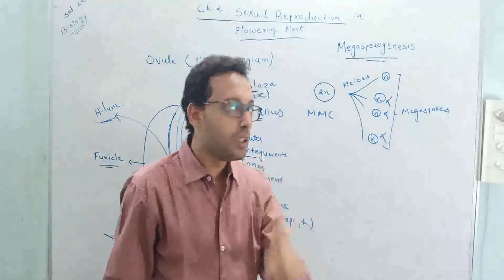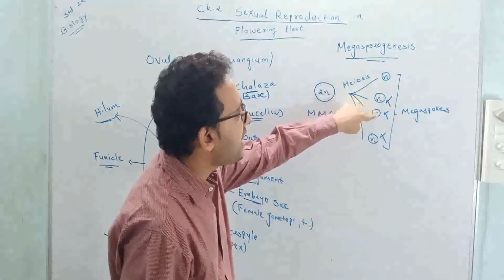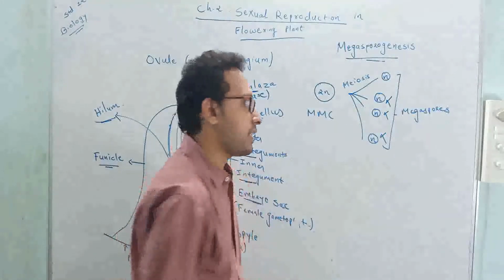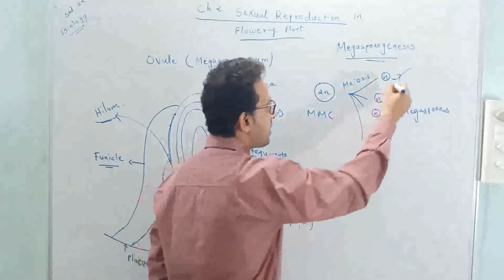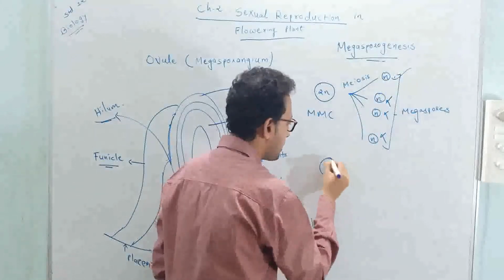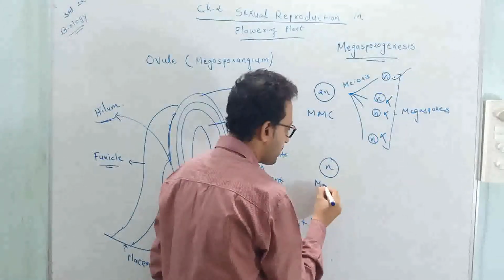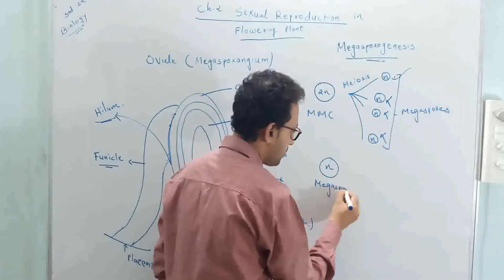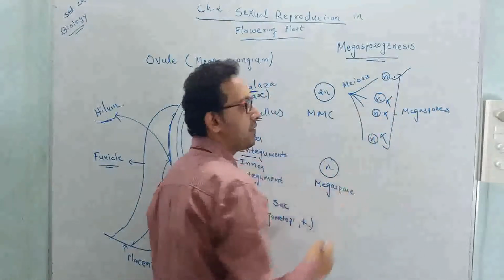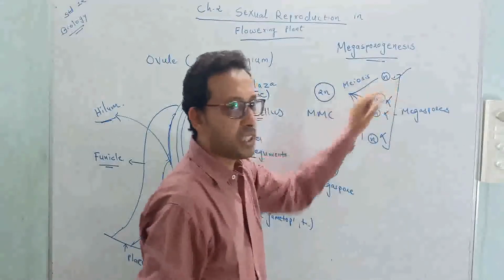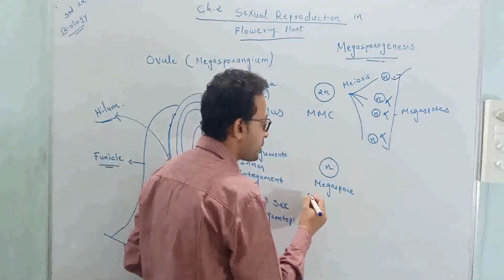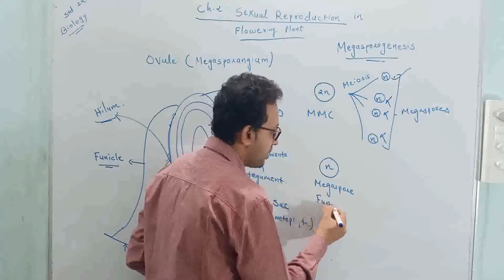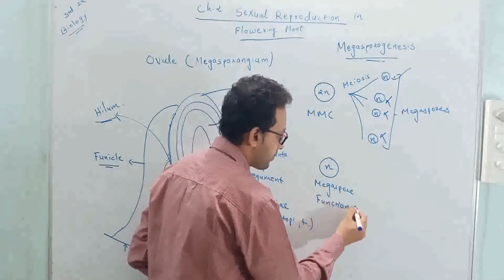From 4, how many get degenerated? 3 get degenerated and only 1 is left. I just keep it over here; this is a megaspore. Once the others are destroyed, whichever megaspore is left, since all are equal, is called the functional megaspore.